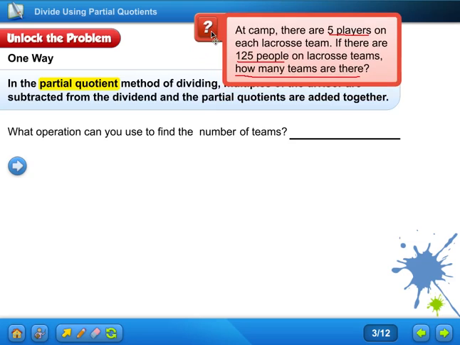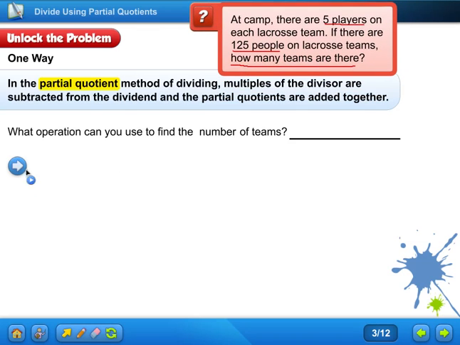All right, I'm going to move that up there. What operation can we use to find the number of lacrosse teams? Well, remember, there were 125 people and 5 players on a team. So we're going to have to take those people and put them on teams of 5, right? So we're going to use some division.